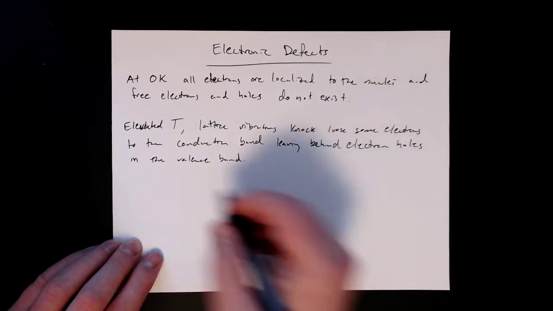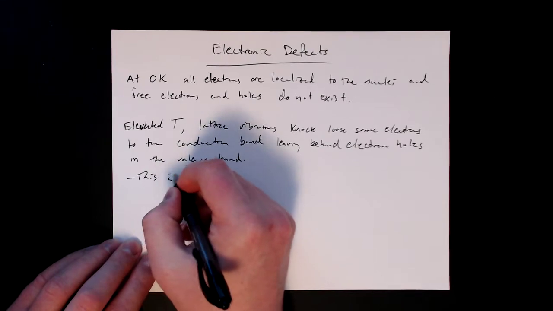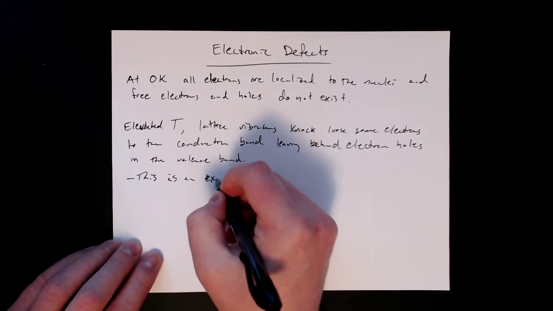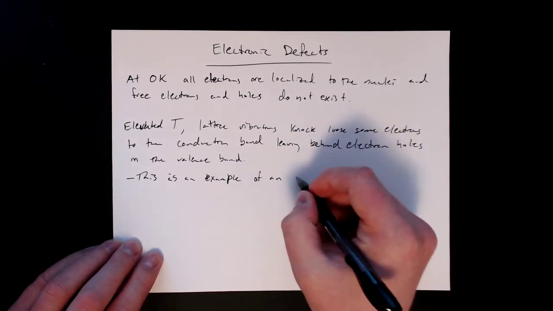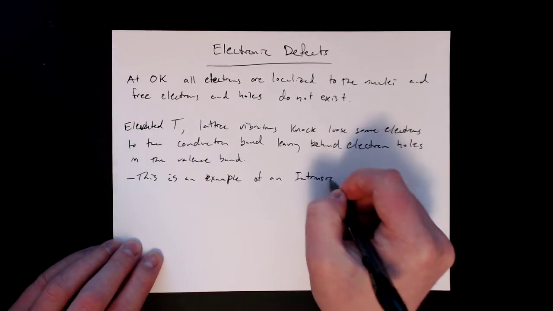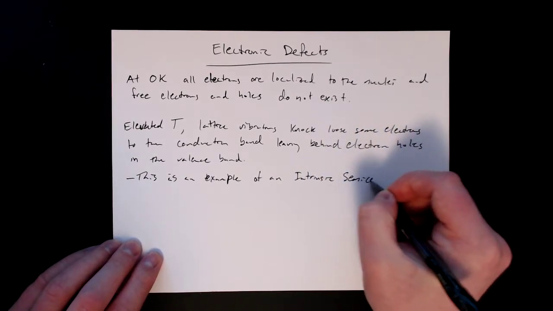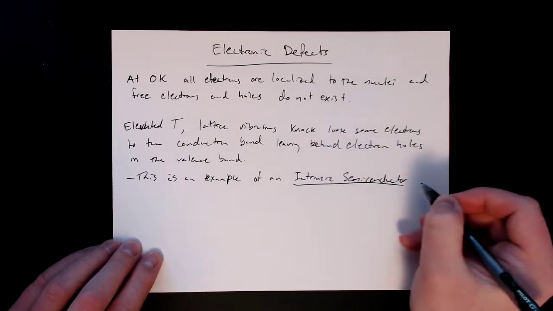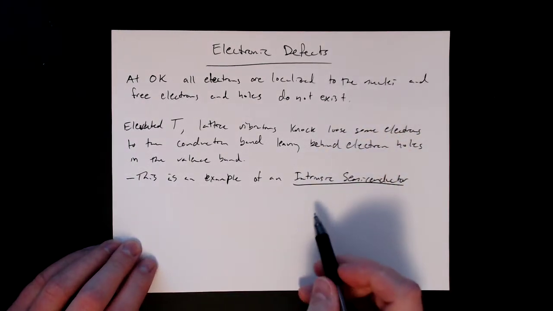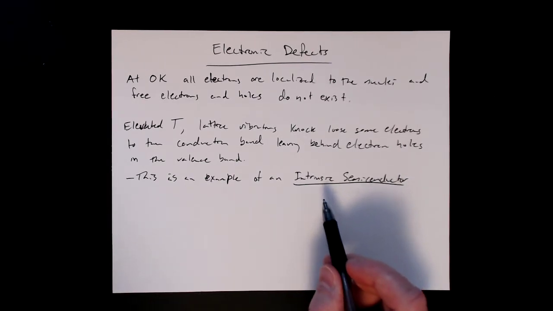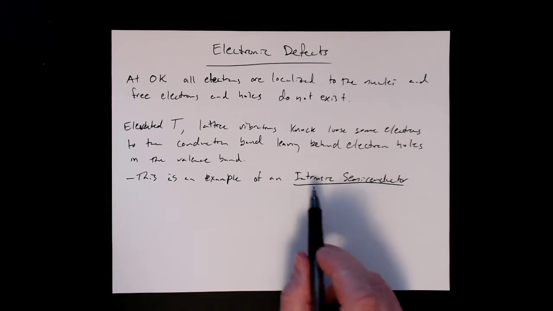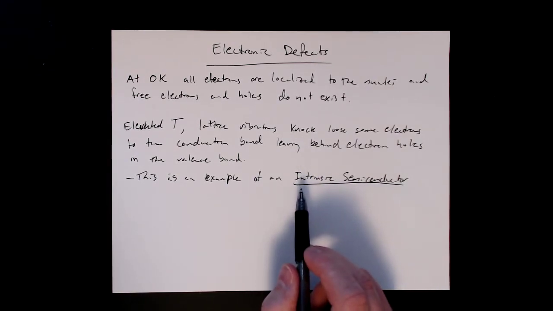So this is an example of what we call an intrinsic semiconductor. So it's not from any dopants added or impurities. It's from within, intrinsic to the material, just based on temperature. And so we have the formation of an electron hole pair, as we term it.